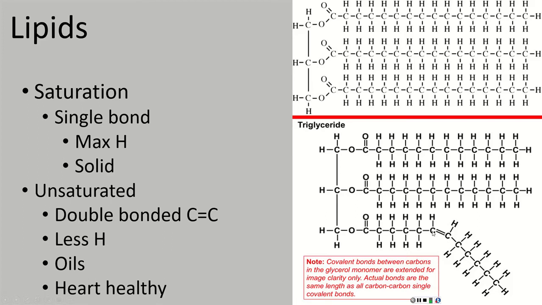Well, each of those carbons now only has 3 bonds. It has 2 singles and a double. So technically it's 4 covalent bonds, but one of them is a double, so we'll just count it as 1.